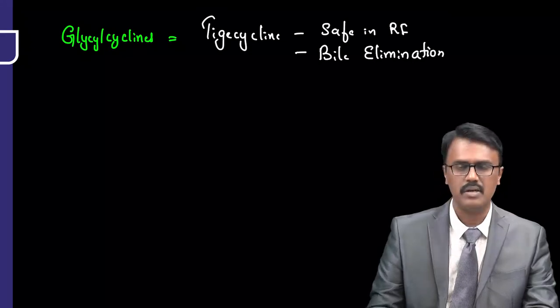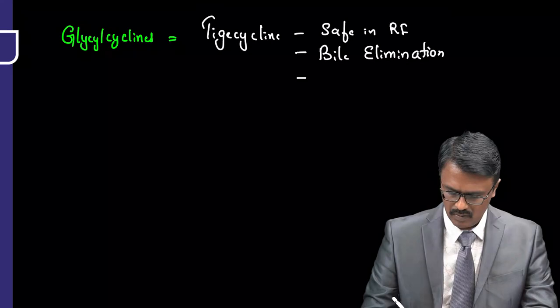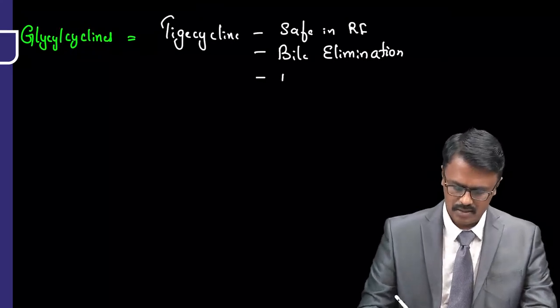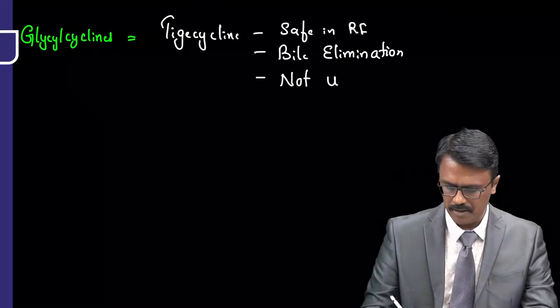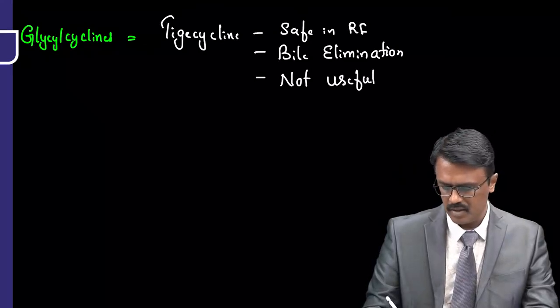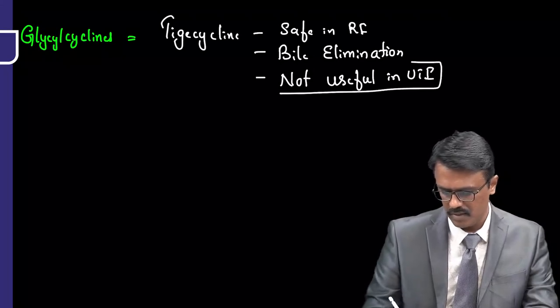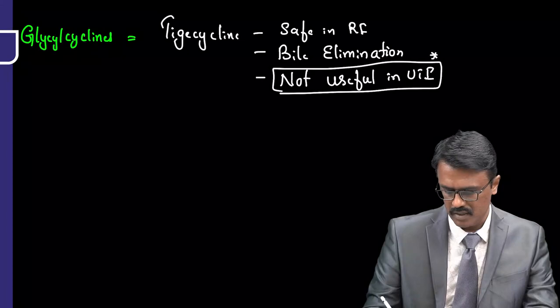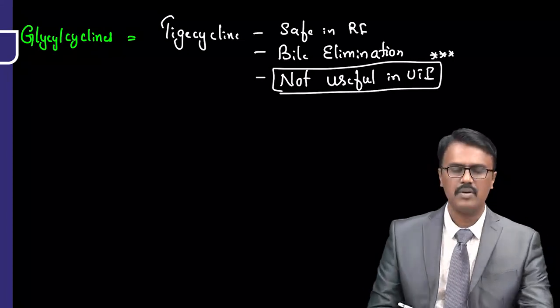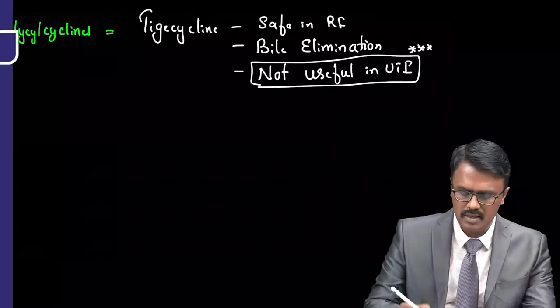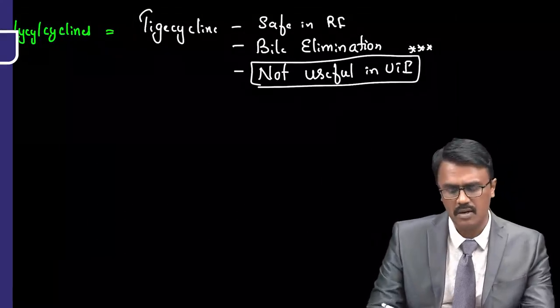So you need not do the dose reduction, but a very, very important point, it is not useful in UTI. Please mark this point. Very, very important. Okay, star mark. Because most of us think that tigecycline is such a great drug. Will it not work on UTI?